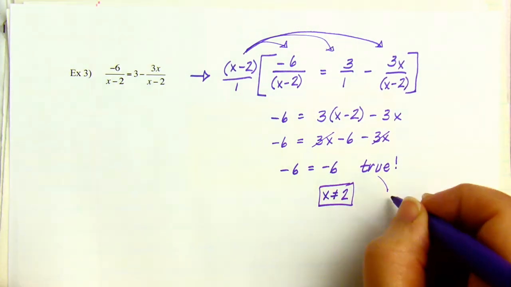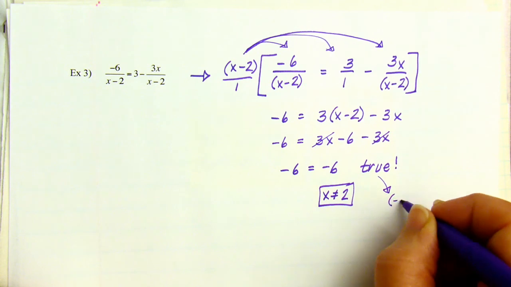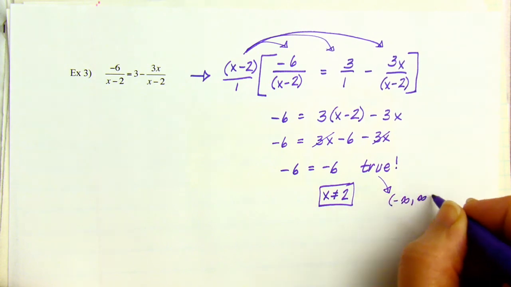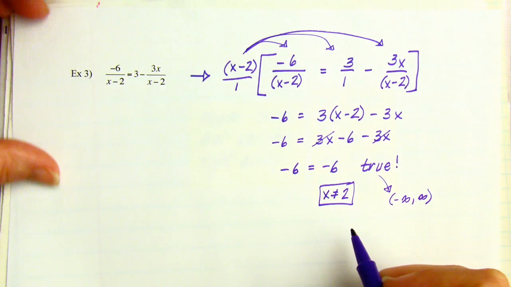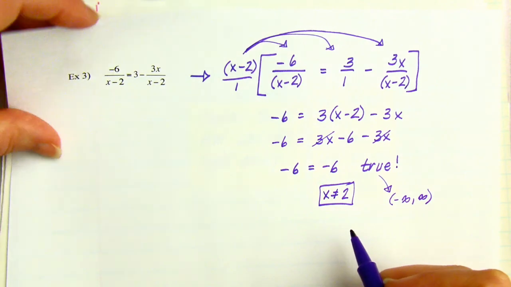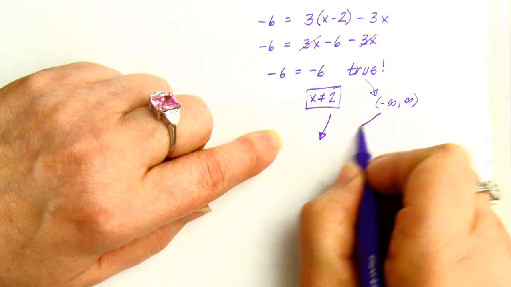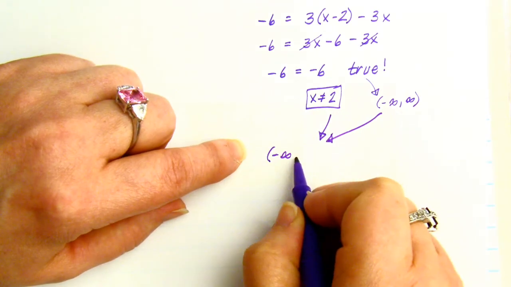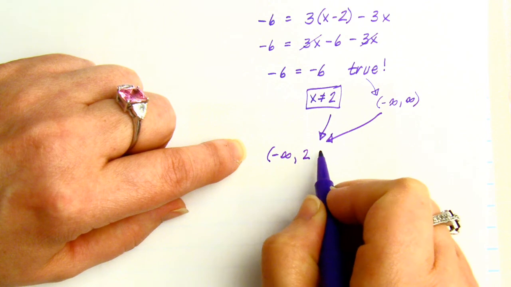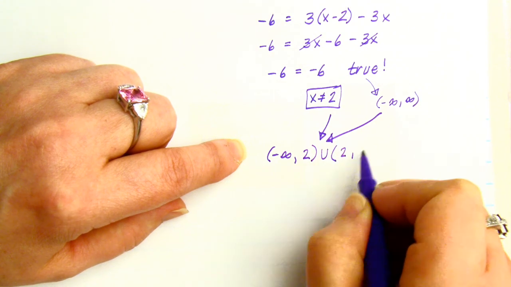This tells me all real numbers, or negative to positive infinity. This says not 2. So when I bring these together, I can write my solution set as negative infinity to 2, parenthesis, because it can't be 2, in union with 2 to infinity.